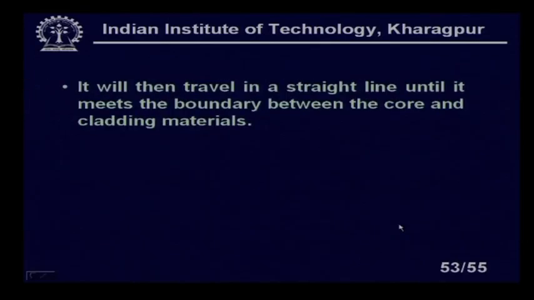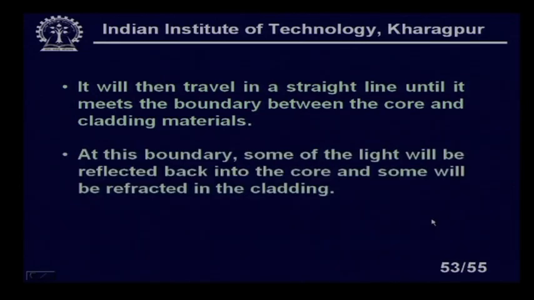It will then travel in a straight line until it meets the boundary between the core and cladding materials. At this boundary, some of the light will be reflected back into the core and some will be refracted into the cladding.